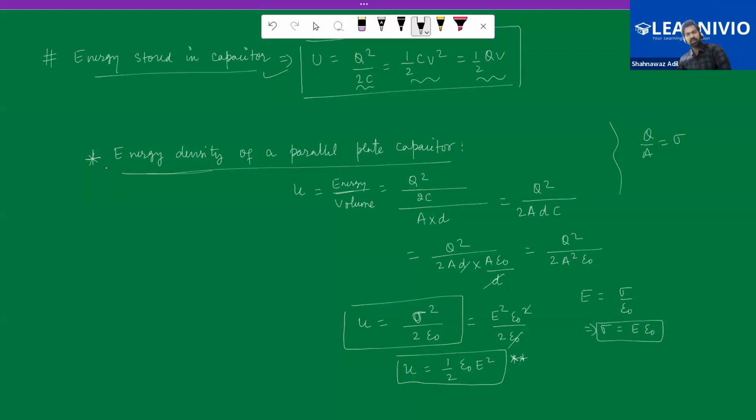Please quickly note this down. And I will just quickly write the combination of capacitors and then we will do some questions.